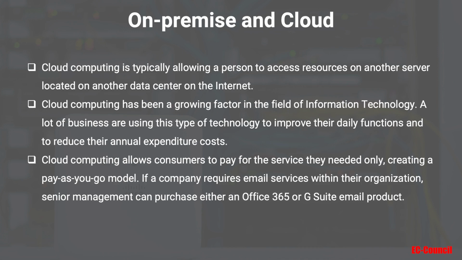creating a pay-as-you-go model. If a company requires email services within their organization, senior management can purchase either the Office 365 email solution or G Suite, which is from Google, but recently Google has changed it to Google Workspace. In this way, an organization does not need to have an on-prem device such as a physical server within their company doing email services.